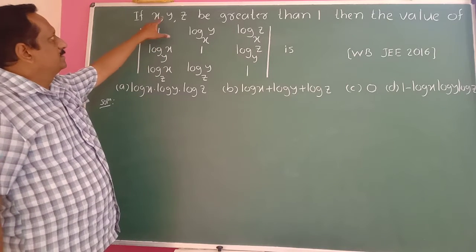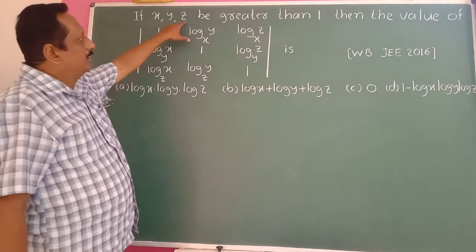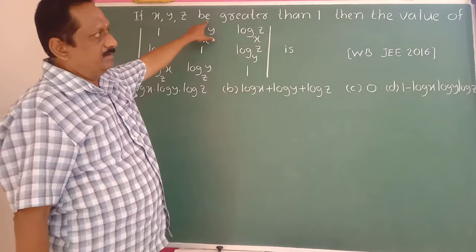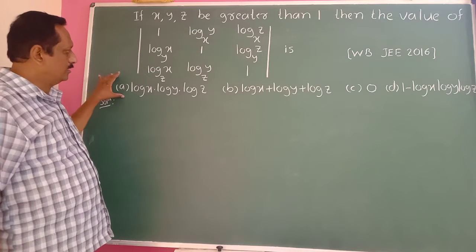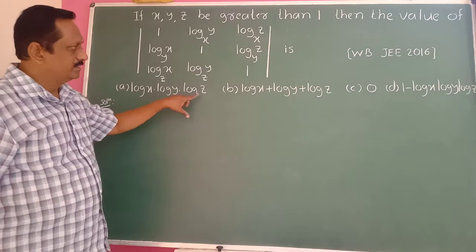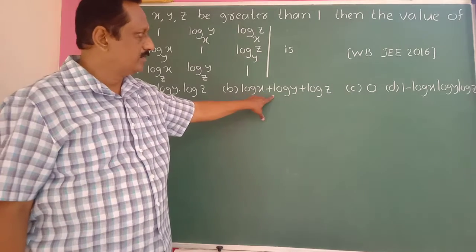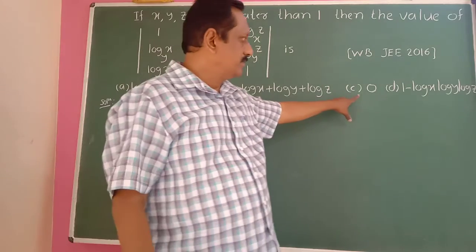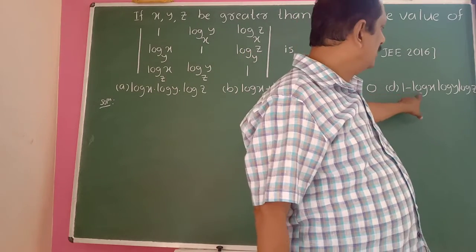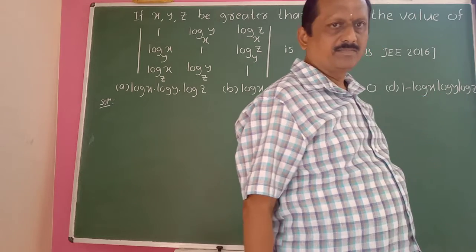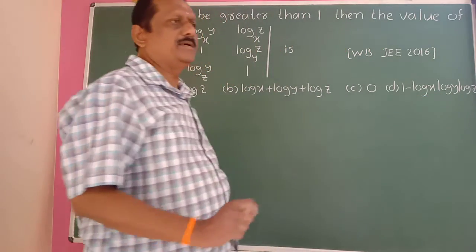If x, y, z are greater than 1, then the value of this determinant is, first option is log x, log y, log z. Second option is log x plus log y plus log z. Third option is 0, and the fourth option is 1 minus log x, log y, log z. Here we are using properties of logarithm.